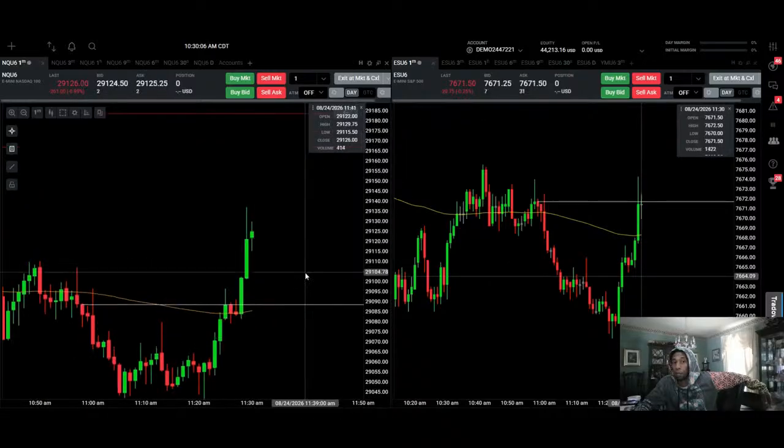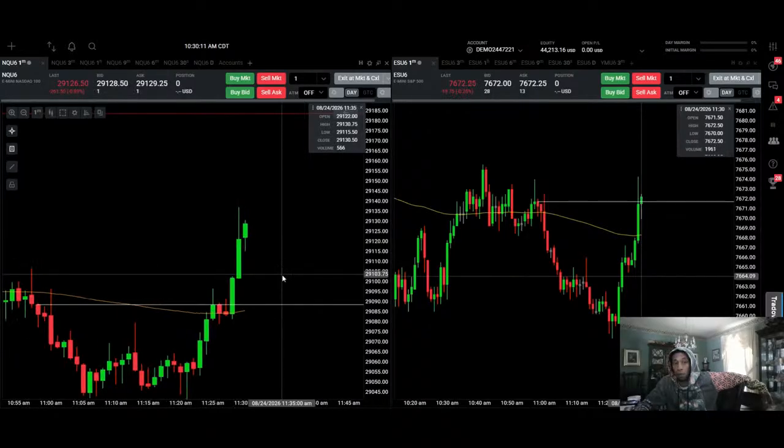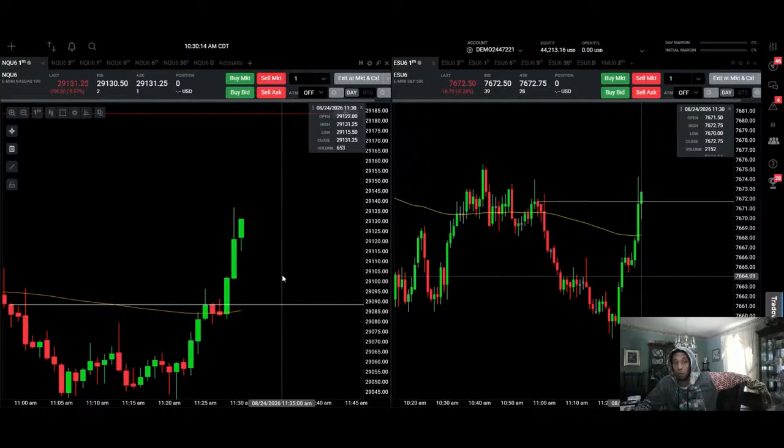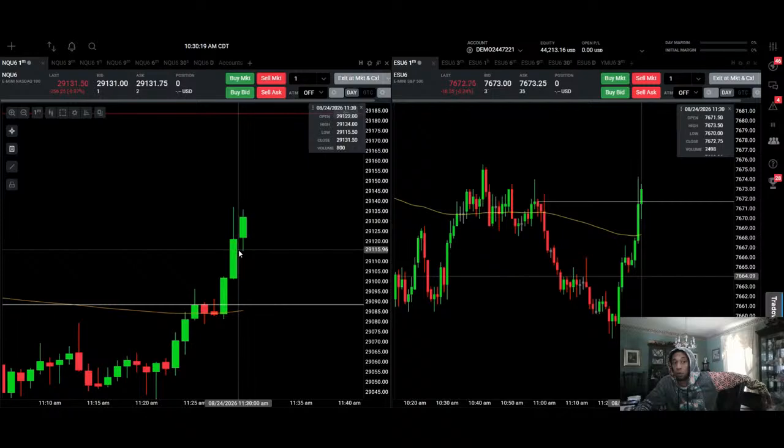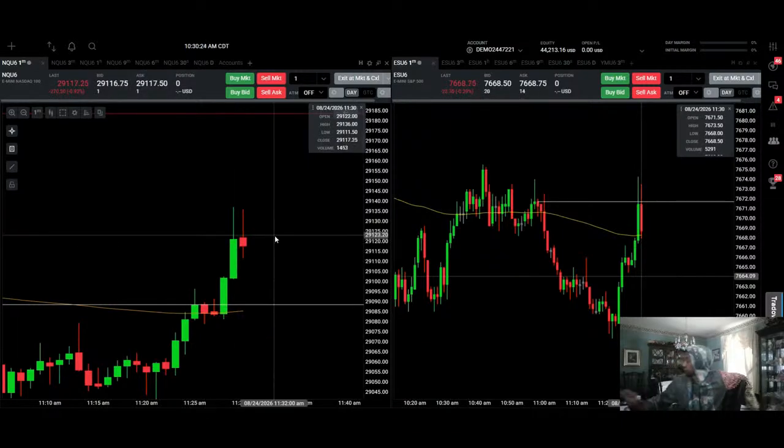We got a gap up on NQ. We got a closure above on YM. Now 1129 is a candle. Let's see what they're gonna do, bro. Let's see what they're gonna do.